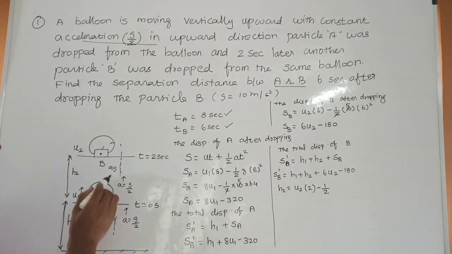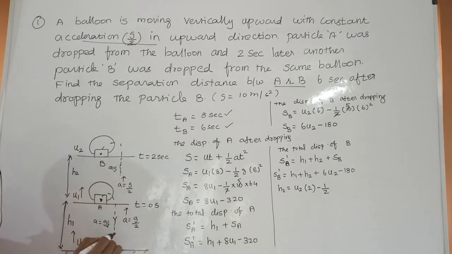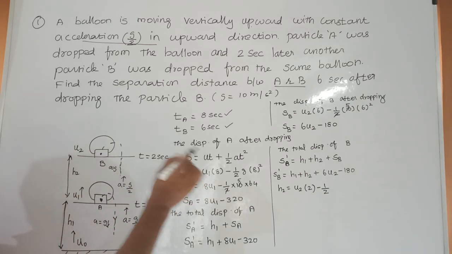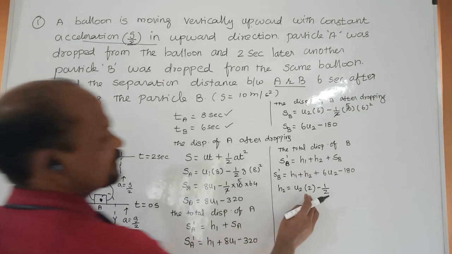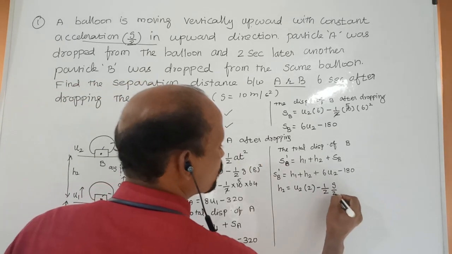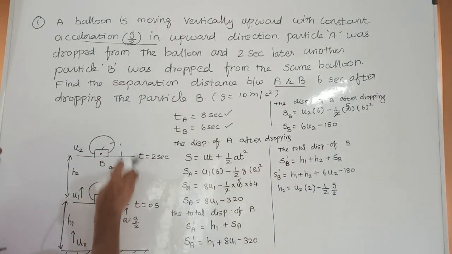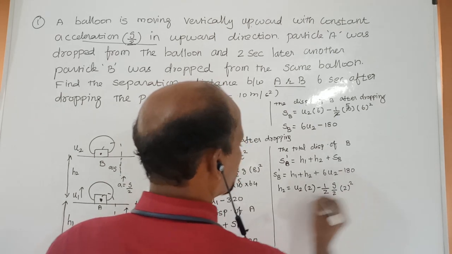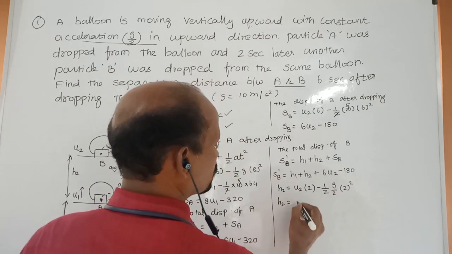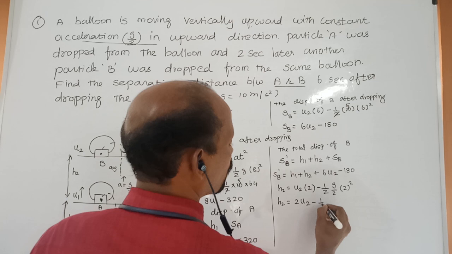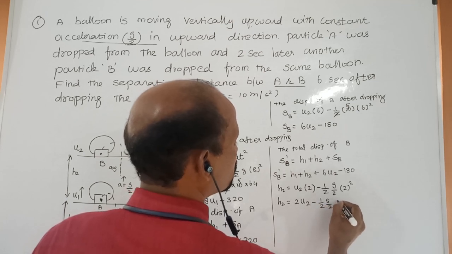To find the value of H2, again we use the displacement equation: u2 times t minus 1 by 2 times g by 2 into t square, that is 2 square. So H2 equals 2u2 minus 1/2 times g/2 times 4.